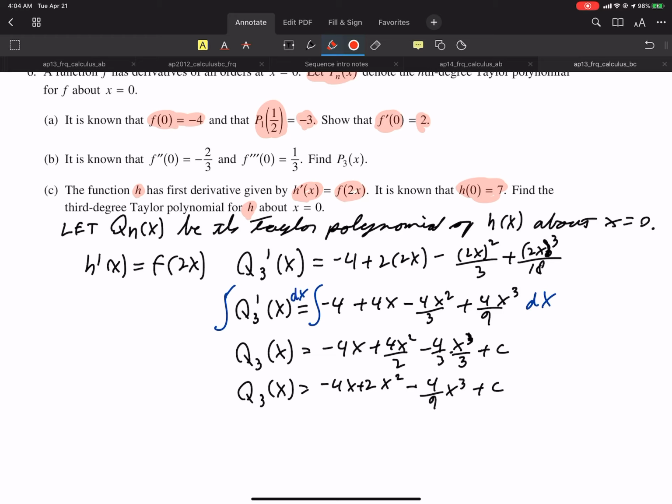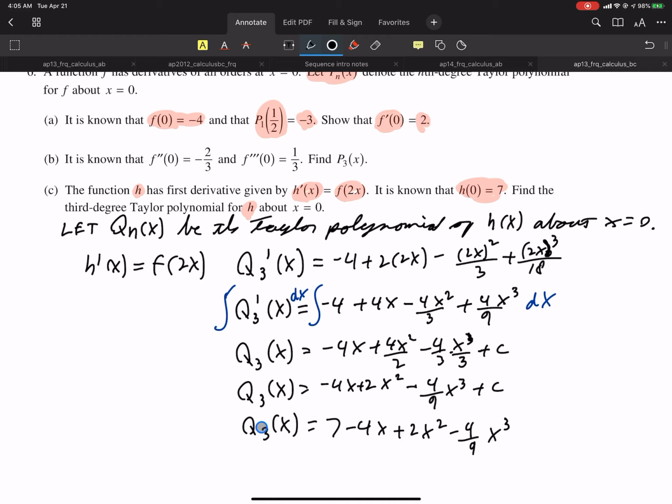Or, in other words, if I put a 0 for every x, q3 of 0 would be 7 based on this. So you could just replace c with 7. So we get this. Q3 of x is 7 minus 4x plus 2x squared minus 4/9 x cubed. So kind of a weird problem, but let me explain again this 7.